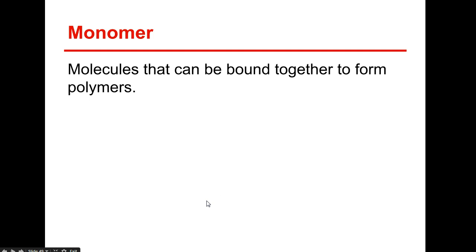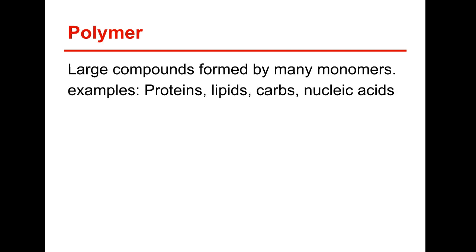Okay, monomer, think mono means one. These are single molecules that can be bound together to form polymers. So this one is the smaller thing that we're going to start talking about. You guys are going to learn monomers for all of our macromolecules. Polymer, think many, poly.